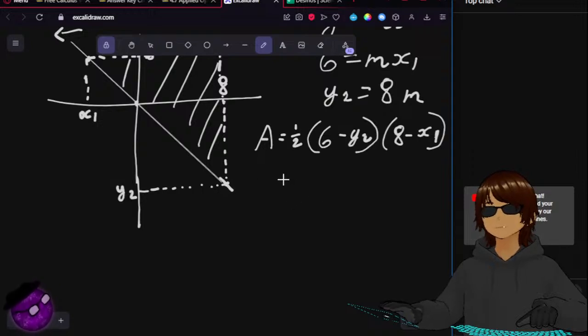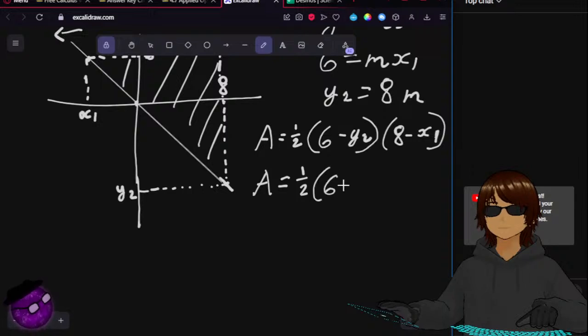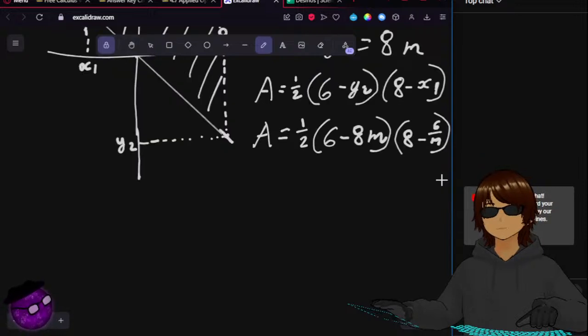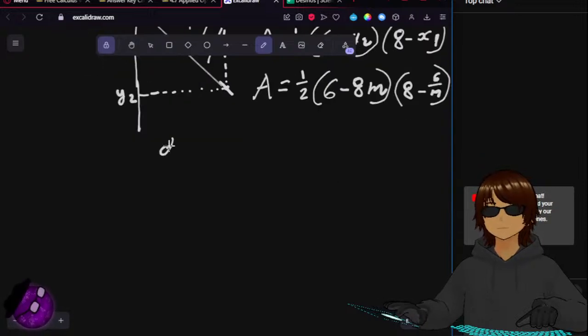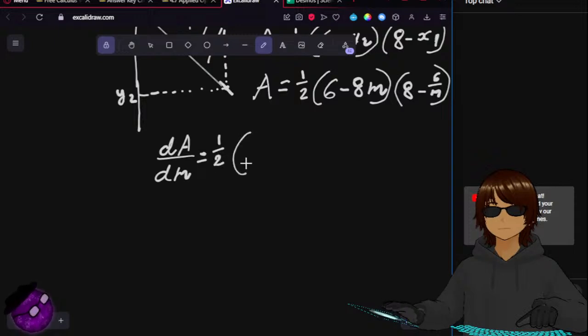So area is 6 minus 8m minus 6 over m. $48.